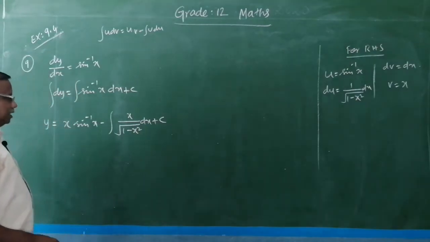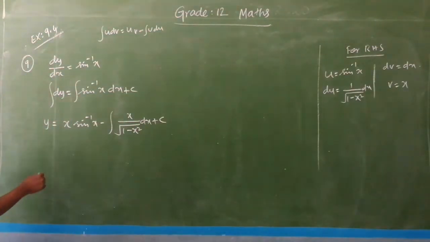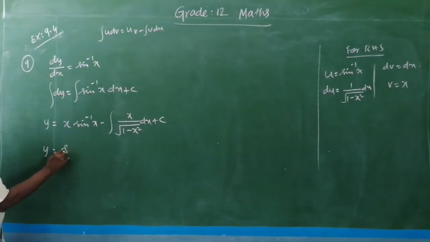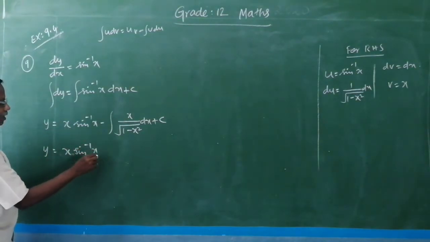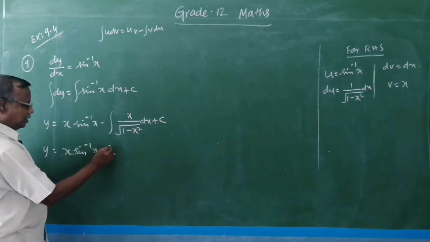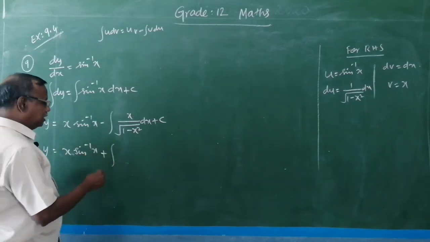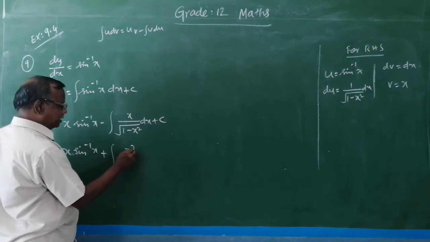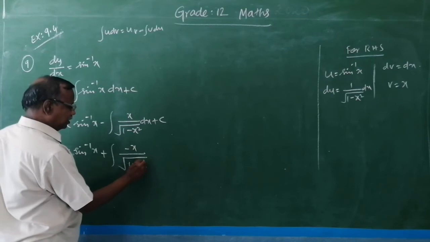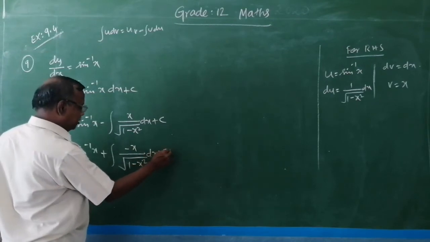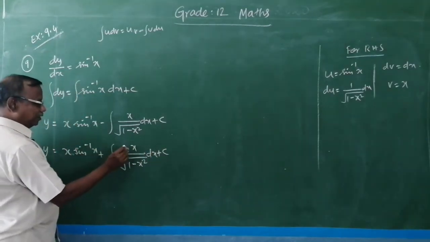So y equal to x sin inverse of x plus, bring the minus, give the minus to the integral, that is minus x divided by root of 1 minus x square into dx plus c, and multiply and divide by 2.